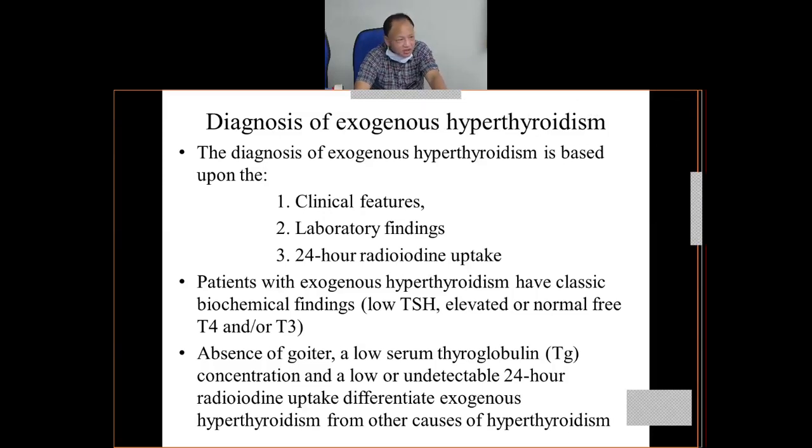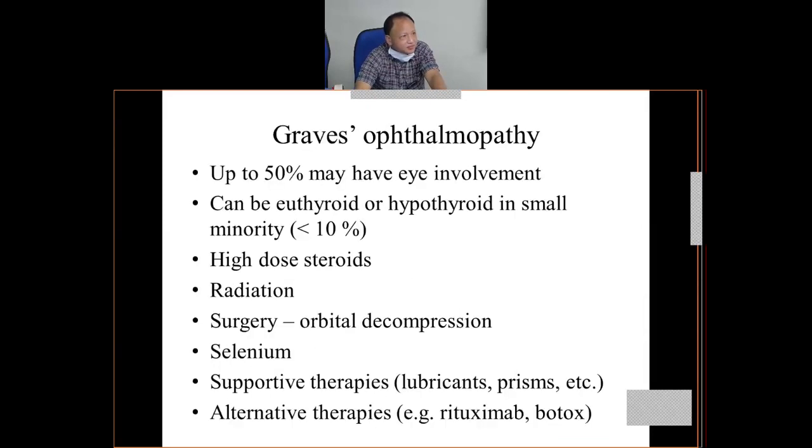Mark these 3 points which I'm giving at the last. They may ask you: the following is seen in exogenous hyperthyroidism, except: absence of goiter, low thyroglobulin, low or undetectable 24-hour iodine uptake. So this can be seen.